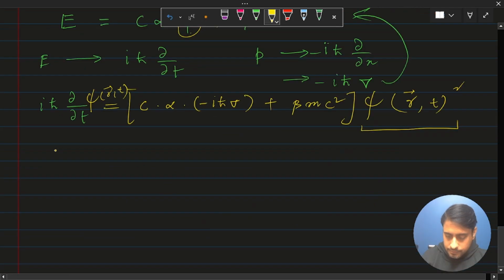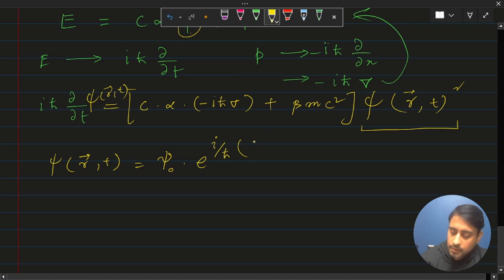The simplest wave function we can take could be psi of r comma t equals some psi naught into e to the power i over h bar (p dot r minus E t).